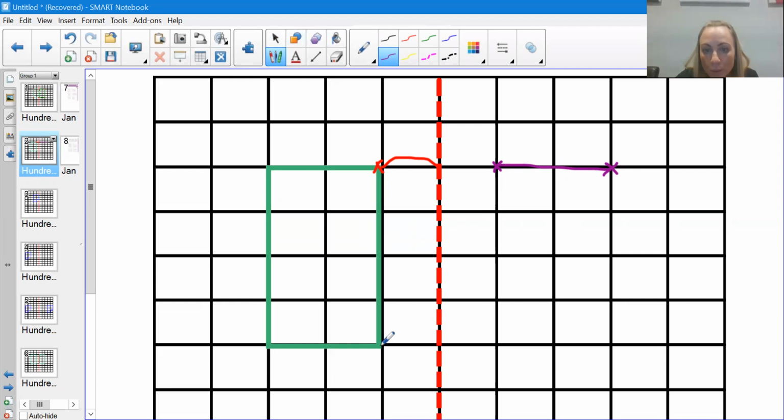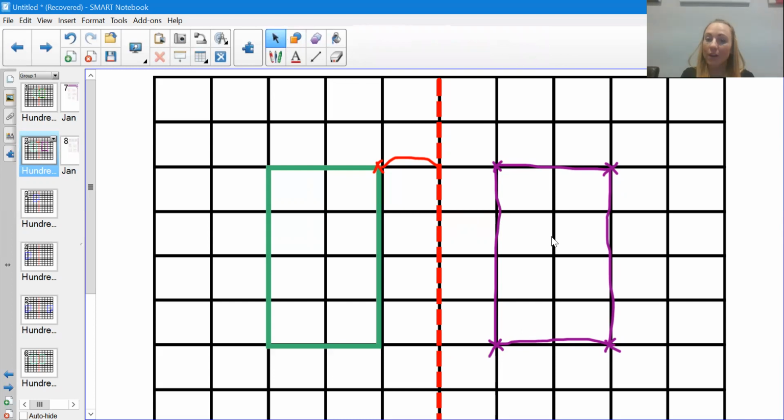Now this point here, again, it's 1 away from the mirror line, and I must make sure they are lined up. And then this point is 3 away from the mirror line. And so my new shape will be here. And again, it's not as straight as you will do it with a ruler, but I am just getting used to all these tools on here.